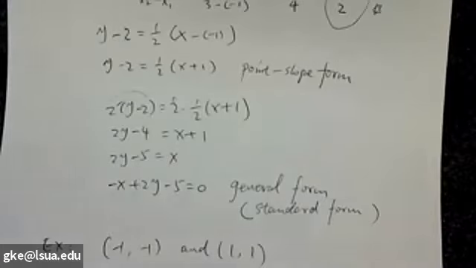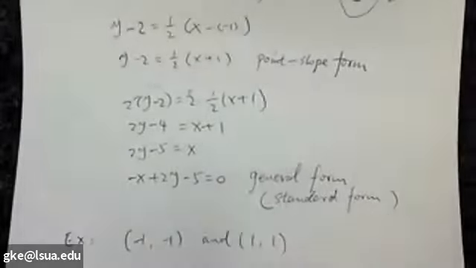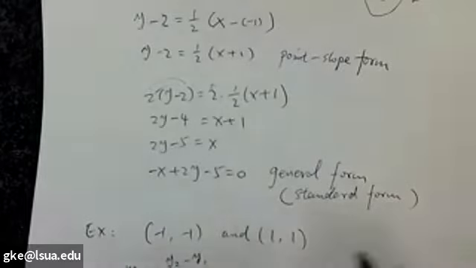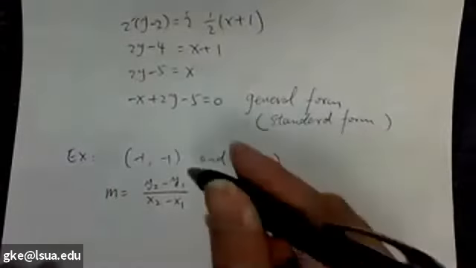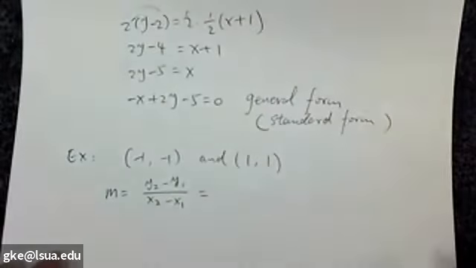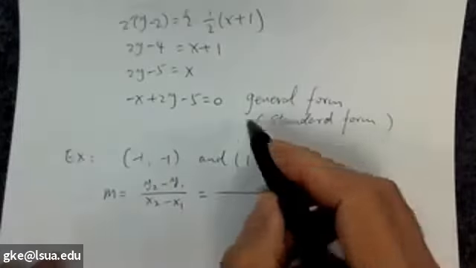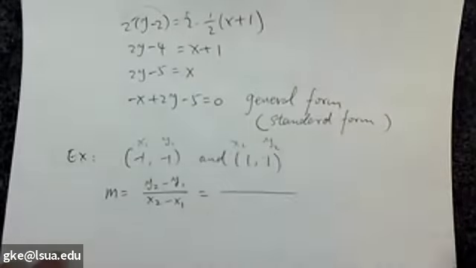Okay, let me write down the answer on board. The same things, right? Calculate the slope, y2 minus y1 over x2 minus x1. All right. So here's x1, y1, x2, y2, right?